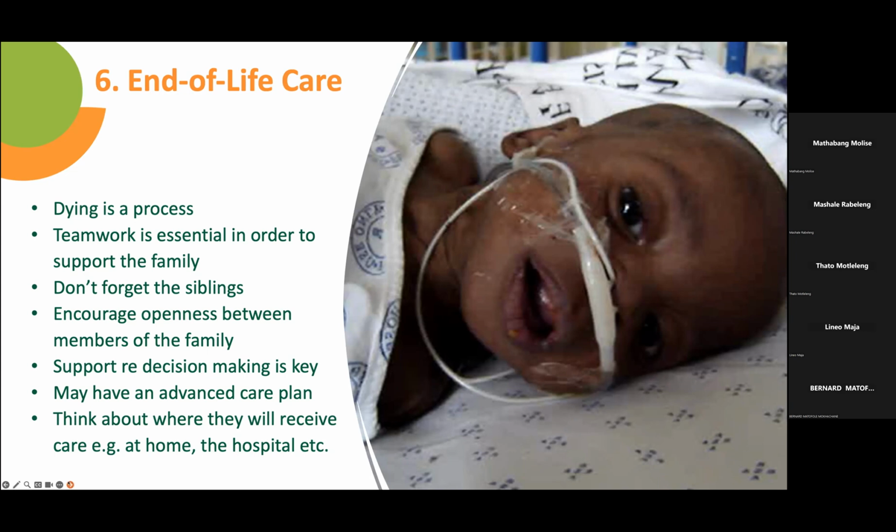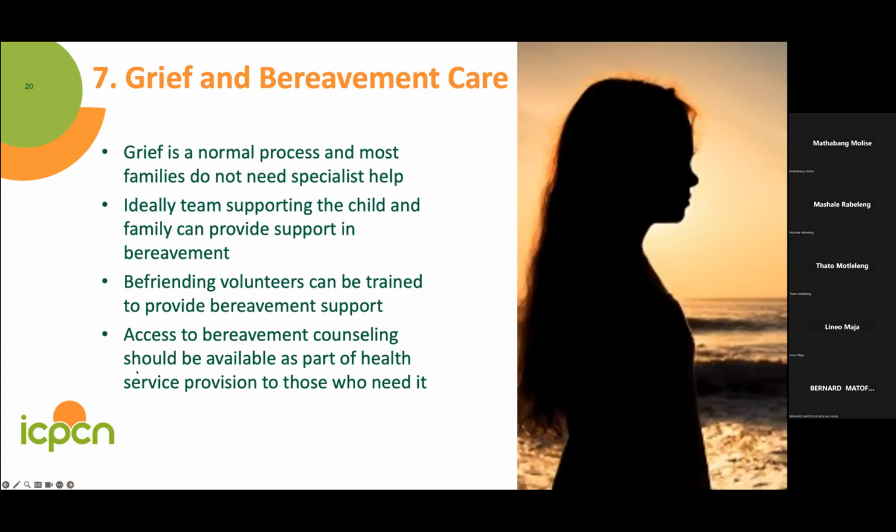And let's not forget the siblings. And in that, we think about grief and bereavement as well. And how can we provide services, not just to the parents, but to the siblings? How can we support the child who is dying through anticipatory grief? So how can we make sure our bereavement services are appropriate for the children that we are caring for?